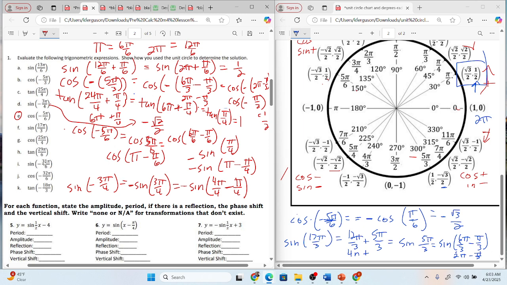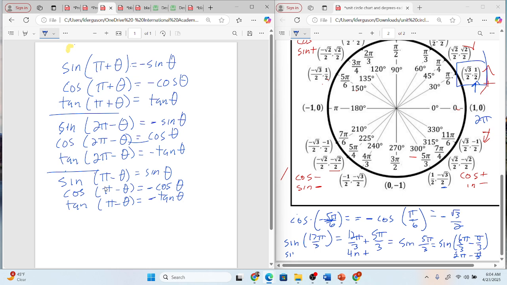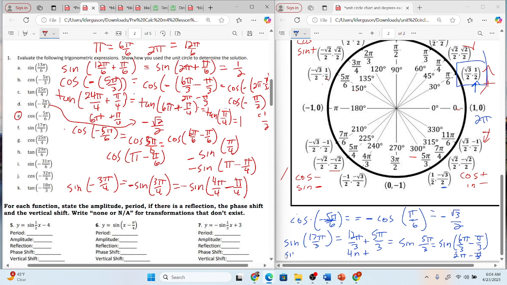So with that being negative theta, that's going to be, not negative theta, that's going to be negative sine, sorry. That makes a difference.